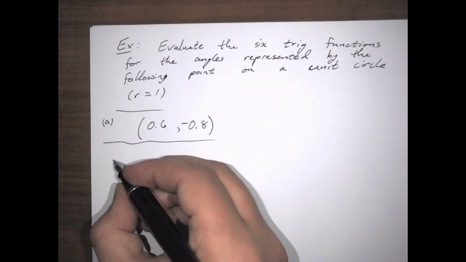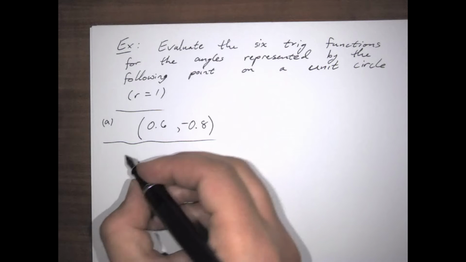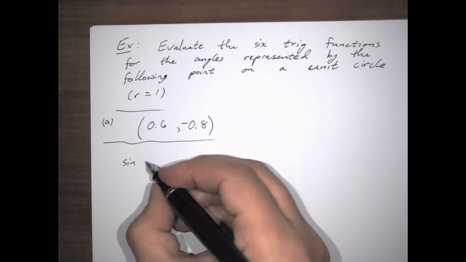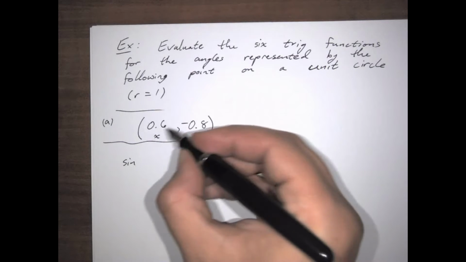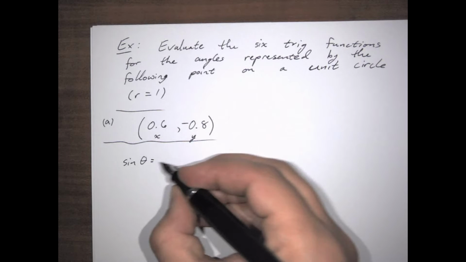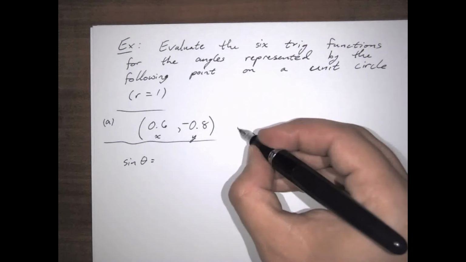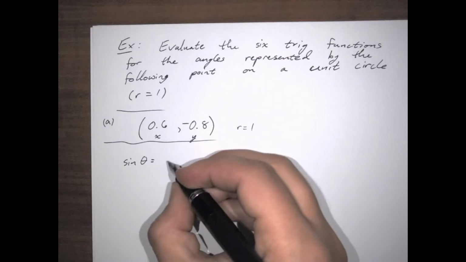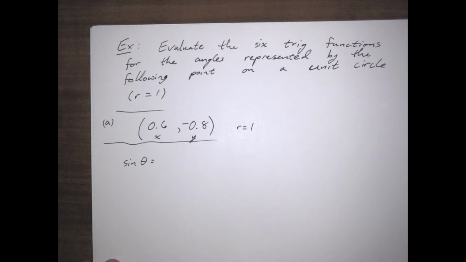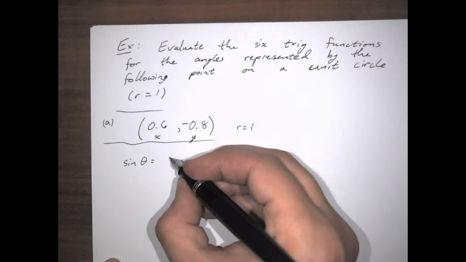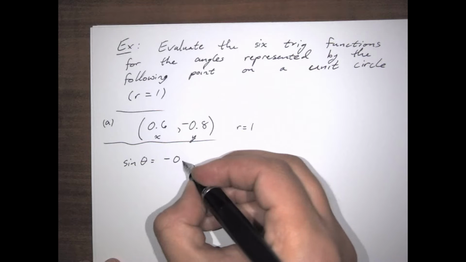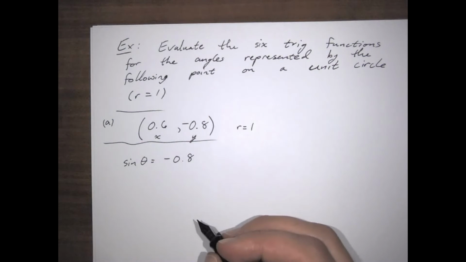Now, let's remember the sine, cosine, and tangent definitions. So first off, let's identify the roles that each of these are playing. So that's the x, that's the y. So sine theta is equal to, and also r equals 1, in this case just the y. Because r equals 1, it would ordinarily be y over r, but it's just equal to y.